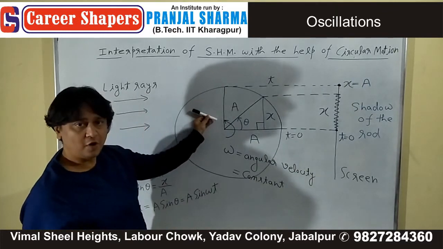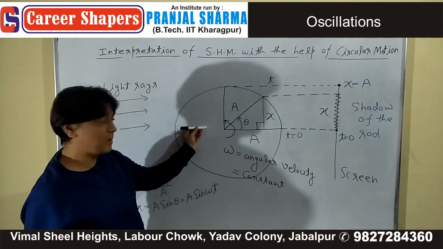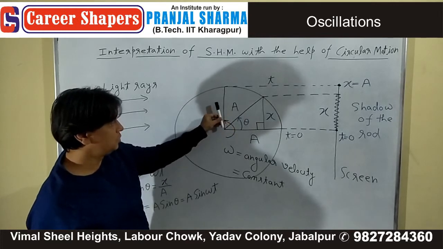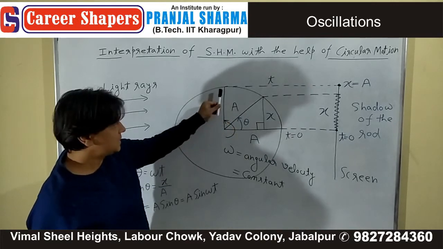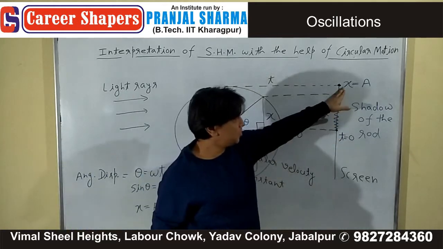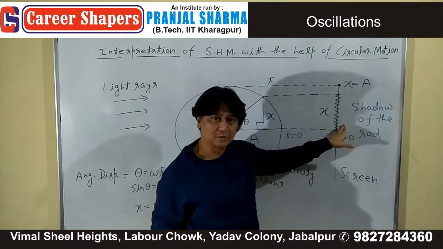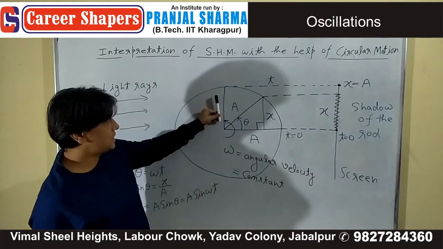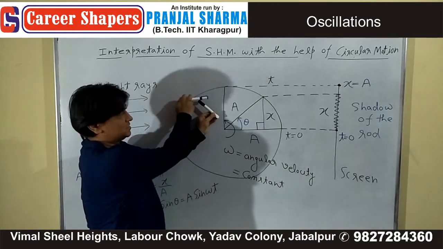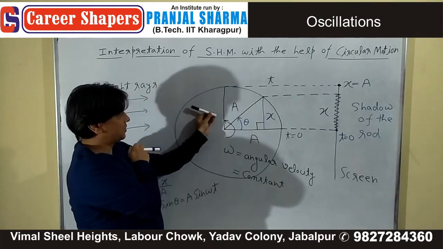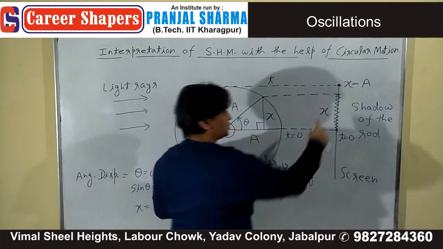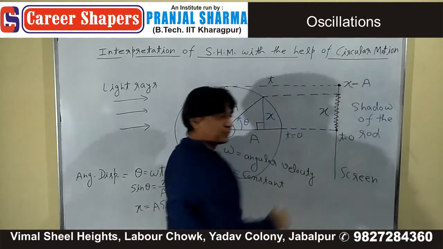Now, as this rod moves from pi by 2 to pi, 180 degrees, as it comes down, you can notice that this tip of shadow will also come down. This is the rod. As it comes down, these rays will simply pass, but these are blocked. As it further comes down, this ray will also pass, which means now this tip is coming down.